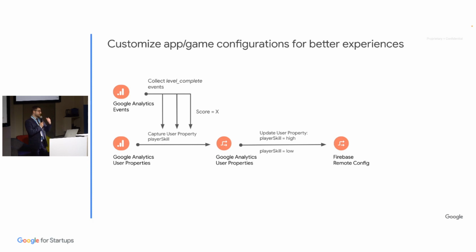So in this case, this user will still be engaged. It won't be too easy for them. And if the user was struggling to complete those three levels and is below the average of success, if the user keeps struggling, basically he or she will churn because it's too hard to complete. For this user, after these three levels, you can automatically select the configuration to low, and the user will be able to progress to the next round.